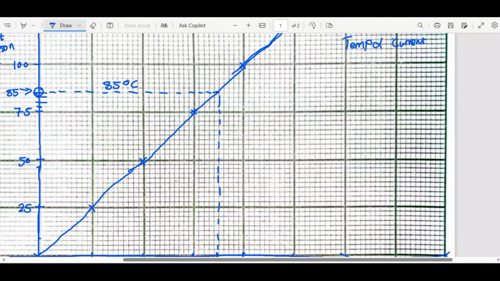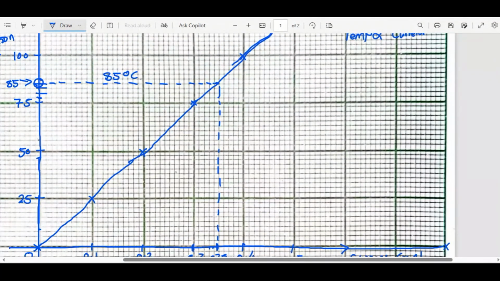So let's identify the point where there is 50, 52.5, 55, 57.5, so 60 is here. So I'm going to draw a dotted line parallel to the x-axis. Then upon touching our curve, I'm going to turn 90 degrees parallel to the y-axis. So the point where this line cuts the x-axis is our final answer.